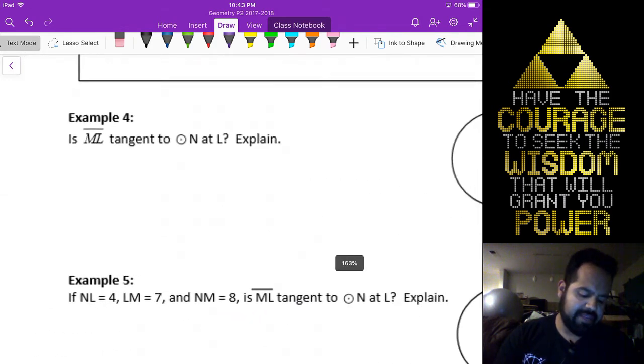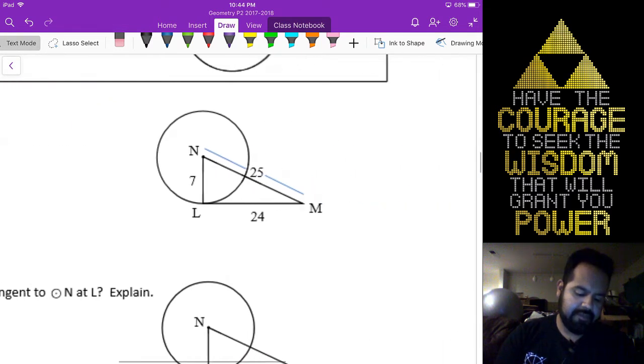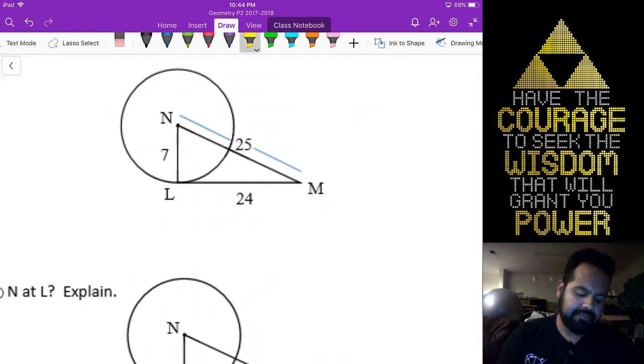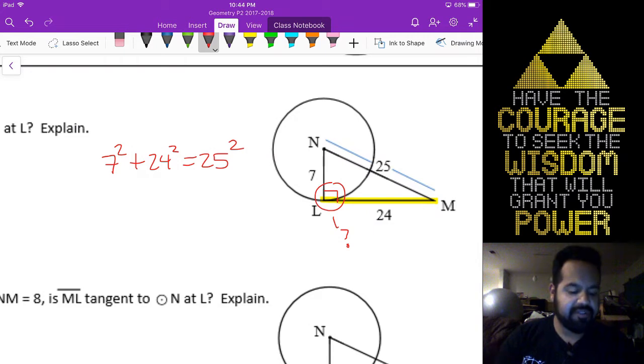So right here on example 4, I ask you the question, is ML tangent? So here's ML. I want to figure out, does there exist a right angle here? And the way we prove that, we're going to use the Pythagorean theorem. Some of you might recognize these numbers. These numbers are actually Pythagorean triples.